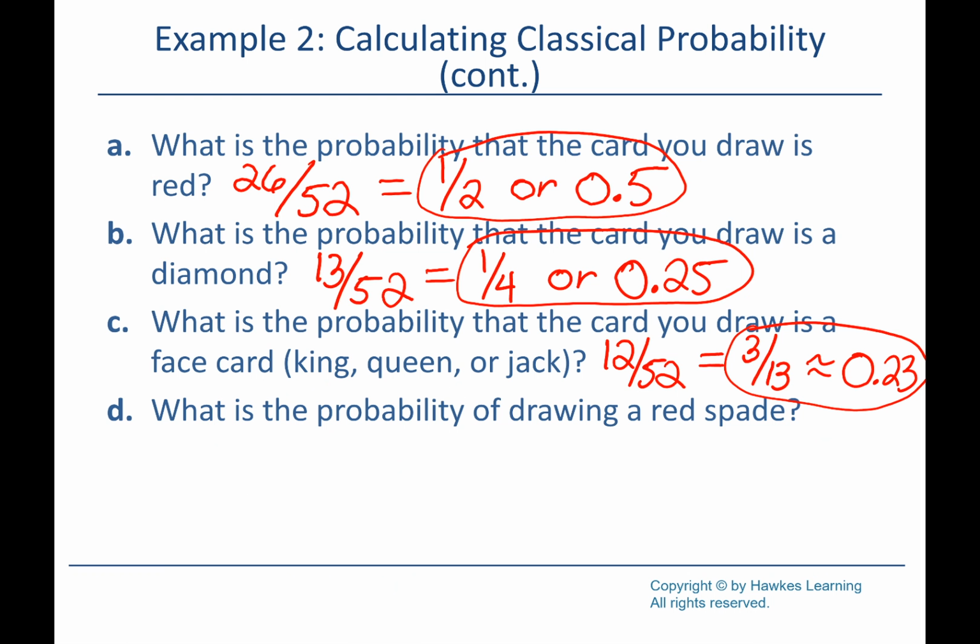So our probability on this one, 0 out of 52, that's just 0. Impossible. So keep an eye out for weird ones like that. If you have something that's impossible to do, that's a probability of 0. If you have something that's guaranteed to happen, then that's probability of 1.